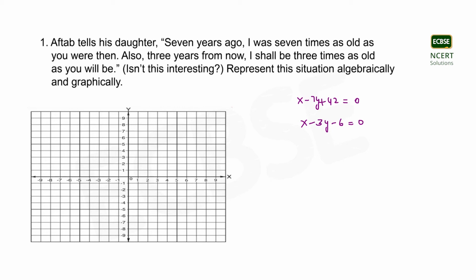So now the next step is to represent these two equations in the form of lines on the graph. This can be achieved by drawing the table between the x and y variables. Let us first start with the linear equation x minus 7y plus 42 is equal to 0. Now let us draw the table between the variables x and y for the first linear equation.